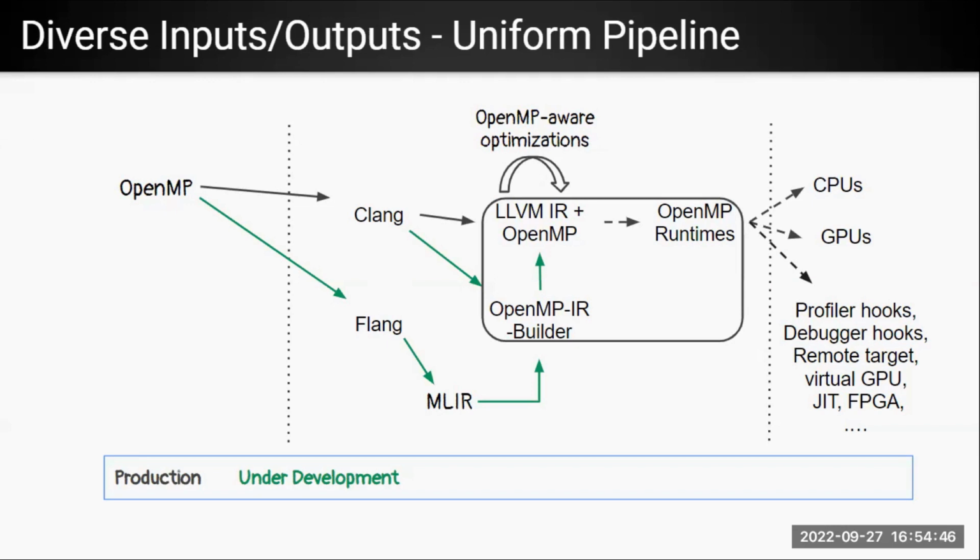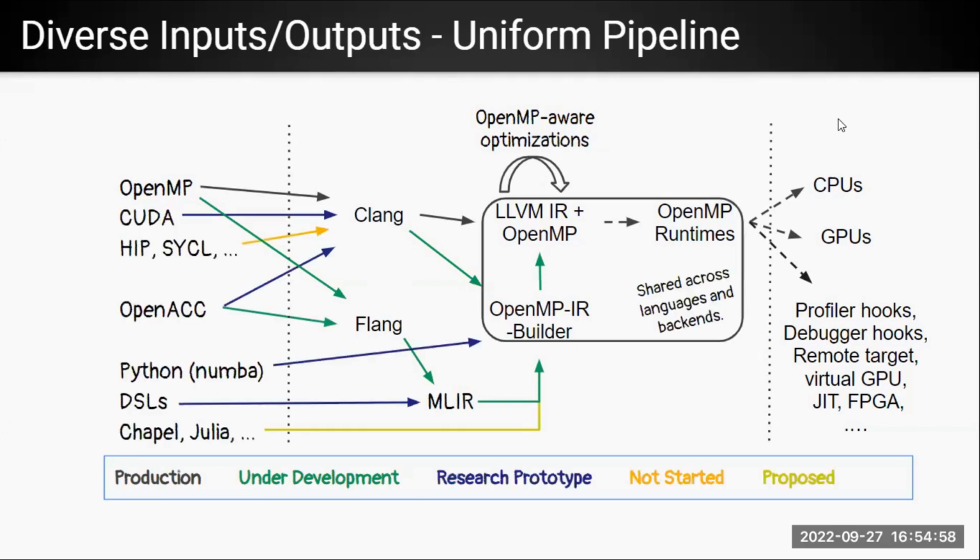Flang takes this detour through MLIR, which in this context is not that important. What is interesting, though, is where we're heading, or at least where I want to head. And it looks like this. This is a little crowded, so let's try to look through it.